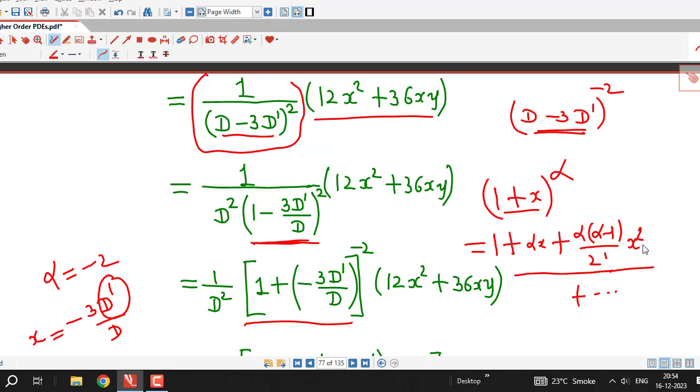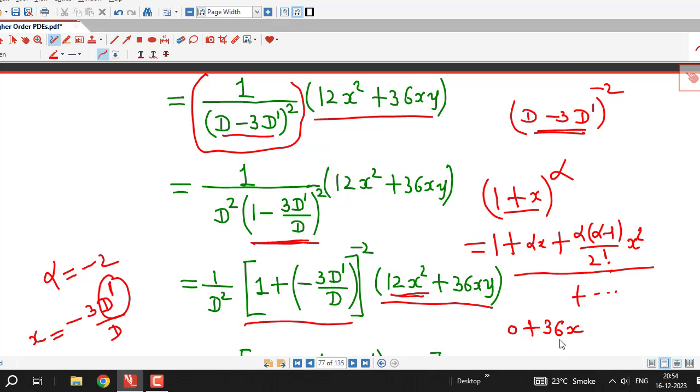So I have to check up to which term I will get non-zero terms. For that we can observe that, because we have the partial derivative with respect to y in the numerator, I will differentiate this first with respect to y, and now x is considered as constant while we are differentiating with respect to y. So the first derivative with respect to y is going to be 0 plus 36x, since the derivative of y is 1.